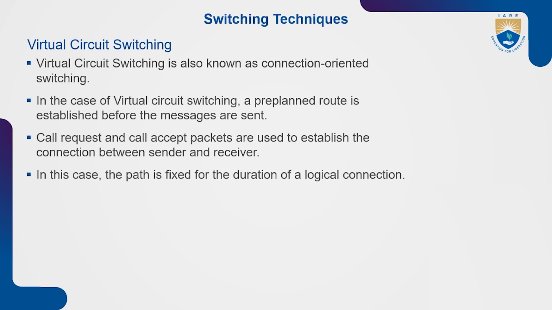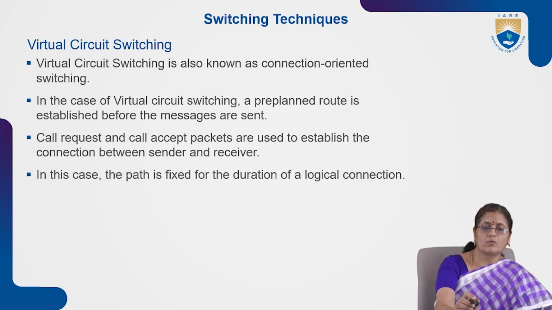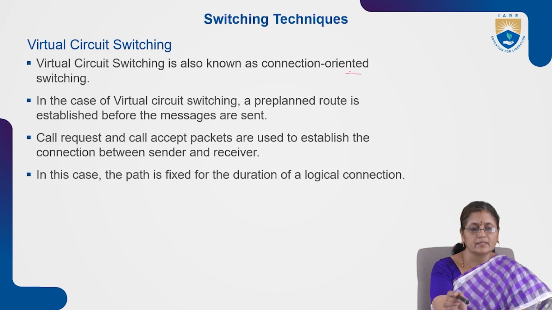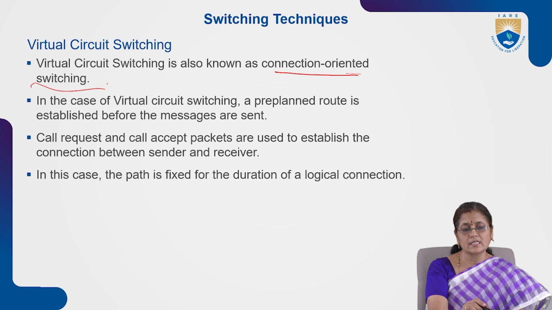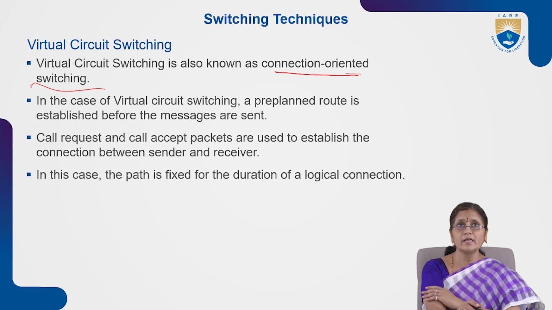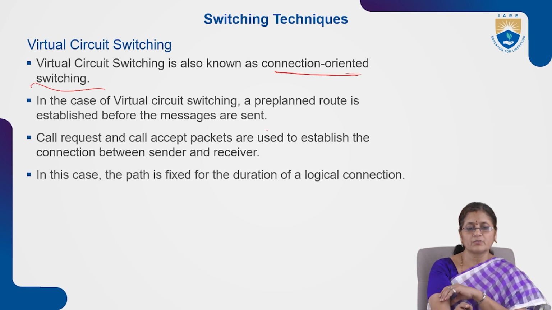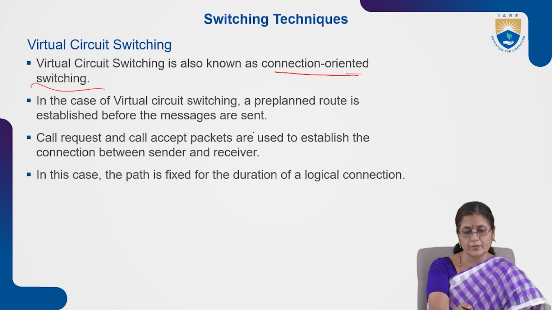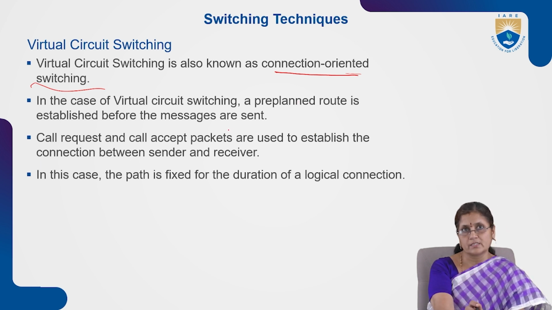Next one is virtual circuit switching. In the virtual circuit technique, this is known as connection oriented switching. The datagram technique is the connectionless switching technique, and virtual circuit switching is the connection oriented switching. In virtual circuit switching, a pre-planned route is established before the messages are sent.